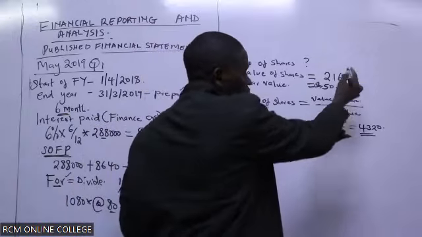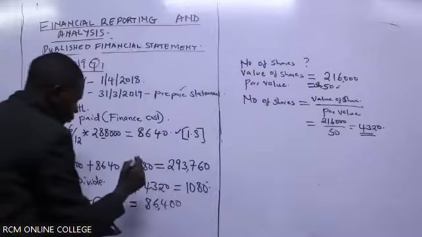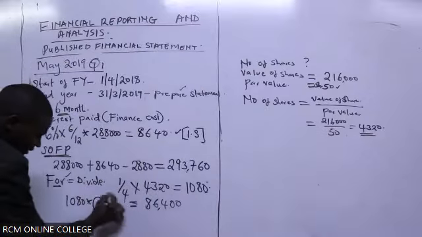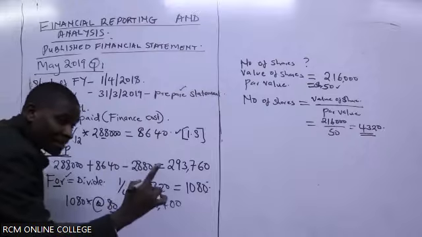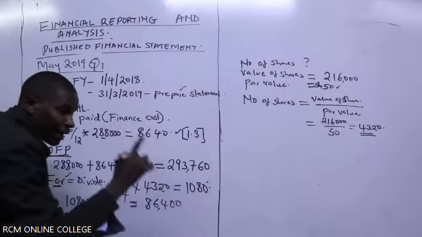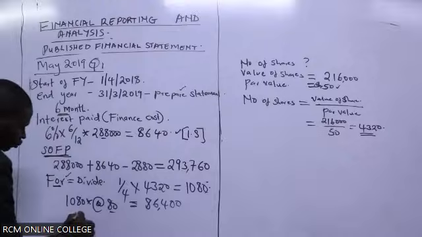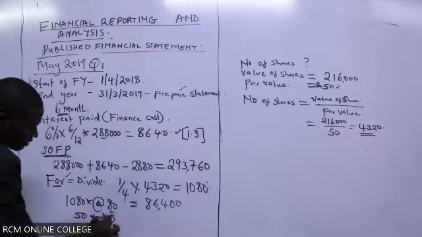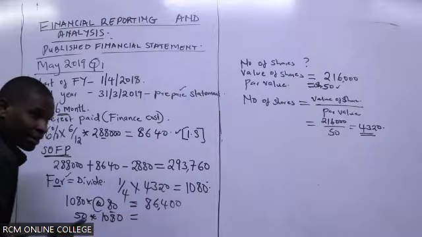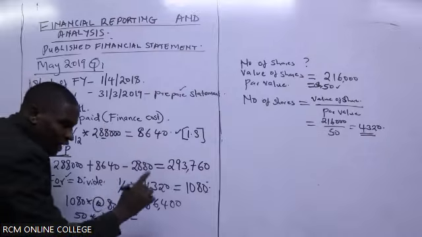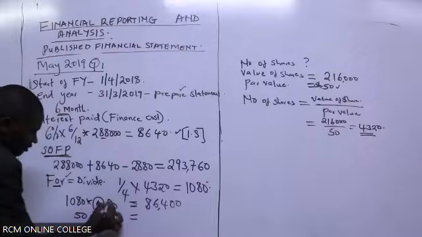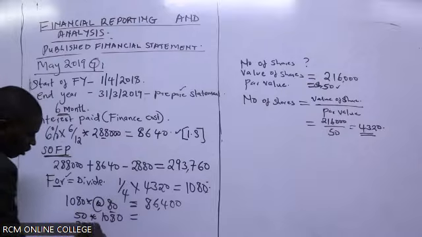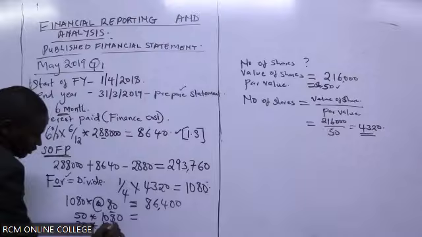So, since they issued at 80, the remaining 30 fall under share premium. So the value of ordinary share will be 50 times 1080, and the remaining 30 from 80 will be the value of share premium, 1080.